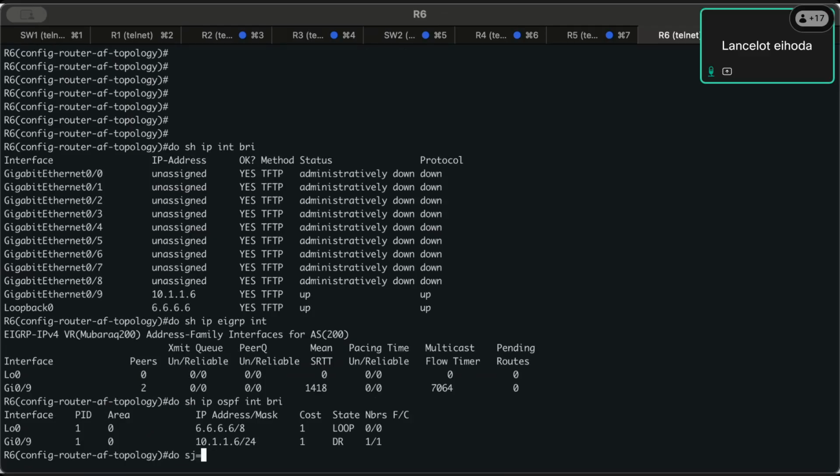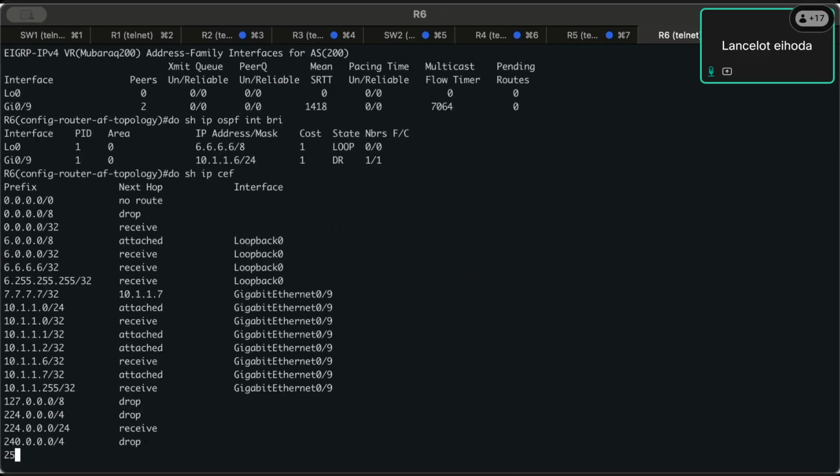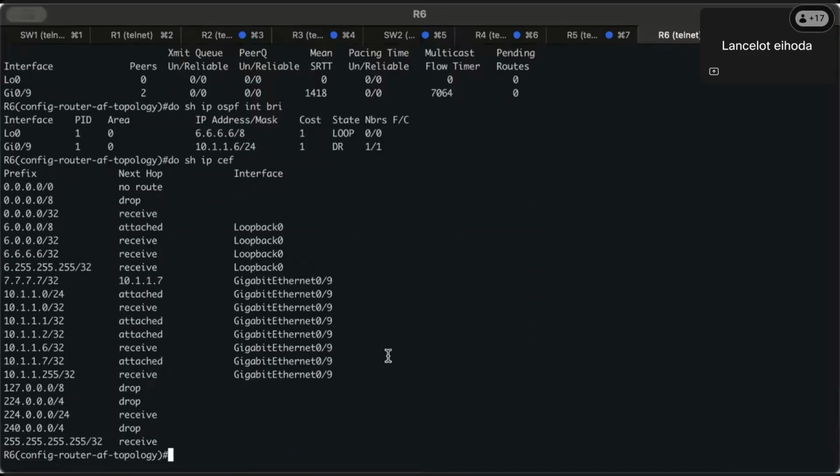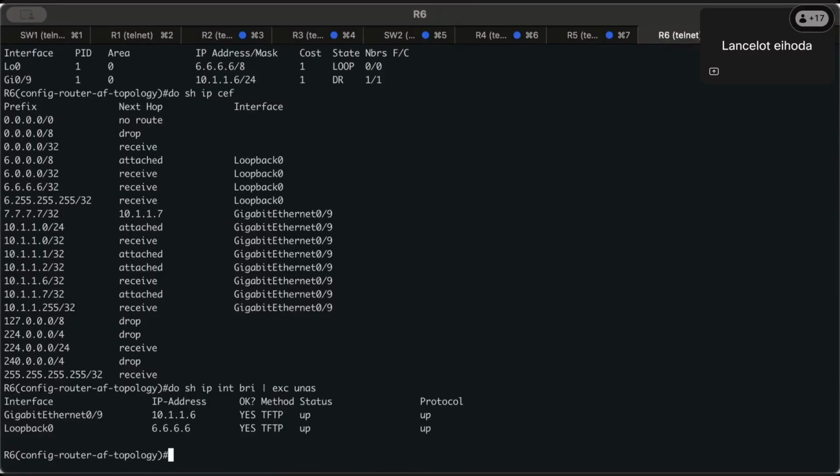If I do a show IP CEF, you can see it knows the routes to 10.1.1.2, 10.1.1.1, 10.1.1.6, which is already advertised, and 10.1.1.7, which is router 7, right?